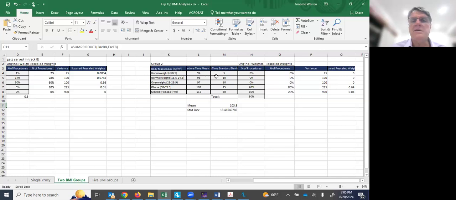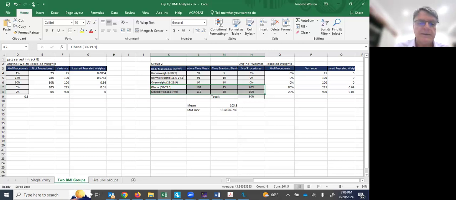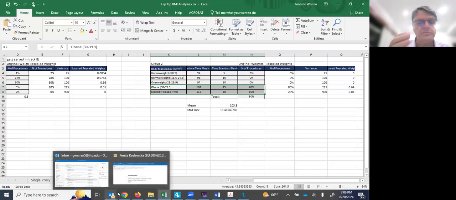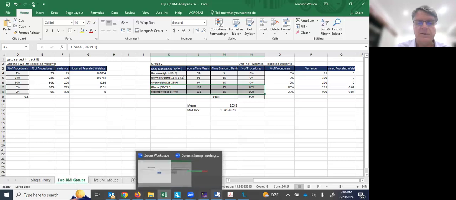For the heavier folks, I'm going to get a mean of 103.8 and a standard deviation of 13.41. So these folks are obese and morbidly obese: 40% come from the obese category, 10% are morbidly obese. I want to use those numbers for track A and B. The arrival numbers are going to be the same; it's just that their service times are going to differ.